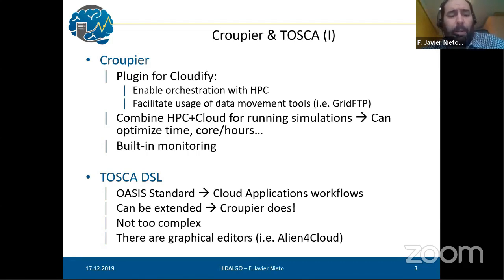And the way in which you define the workflows in Croupier, and in Cloudify in general, is TOSCA. TOSCA is an OASIS standard for defining workflows for cloud applications. What we did in the end was to propose some extensions in line with the TOSCA DSL, so it's complying with the standard. What we have seen is that the OASIS community and the TOSCA working group is really trying to include more things.